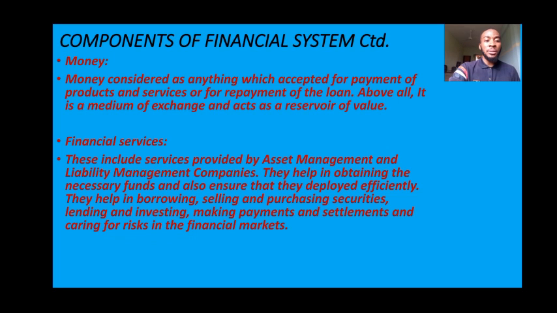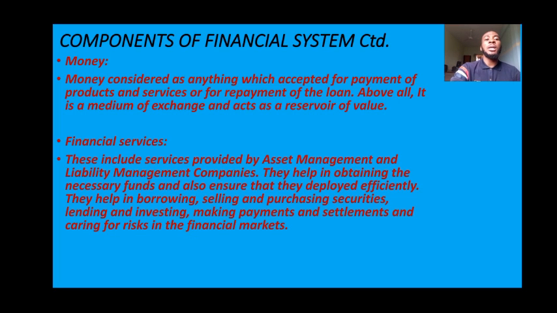Maximum profit. So they help in obtaining necessary funds and also ensure that they are deployed efficiently. They also help in borrowing, selling and purchasing of securities, in lending and investing, making payments and settlements, and caring for risks. Like insurance companies care for risk in financial markets. So these are functions or services being carried out by these financial institutions under the financial system.